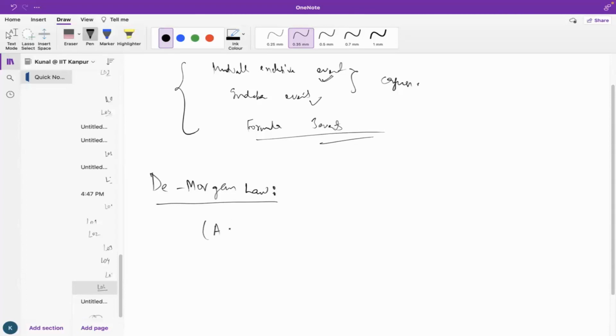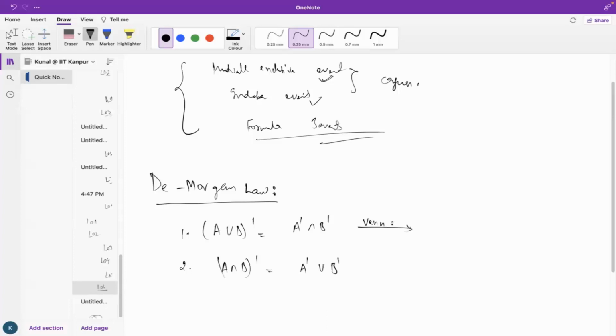De Morgan's law is like this: the complement of A union B will be A complement intersection B complement. This is the first thing. And the second thing is: the complement of A intersection B is equal to A complement union B complement.